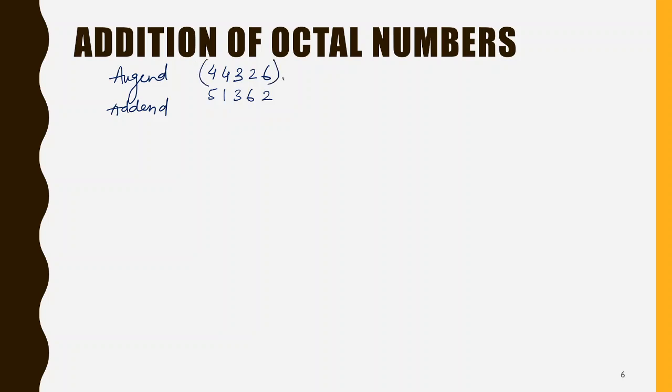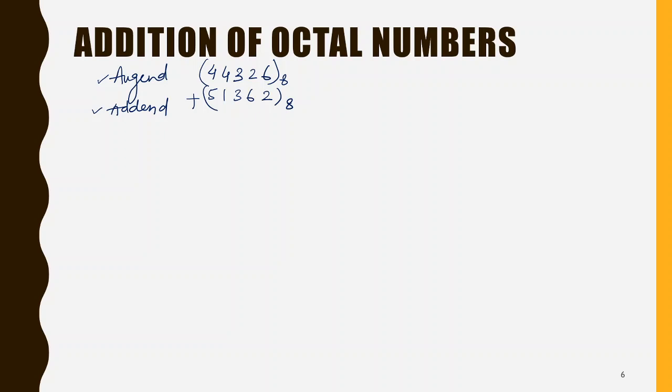This is an octal number and this is another octal number. The number to which any number is added is called an augend, and the number which is added to the augend is called the addend. So the upper number is called augend and the lower number is called addend. You should remember these terms for your general knowledge.